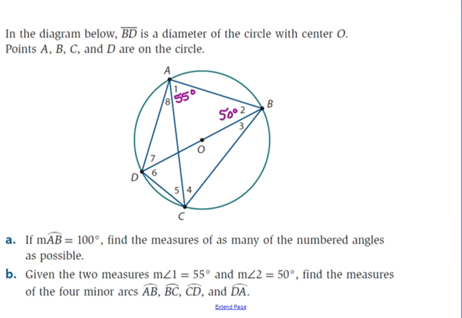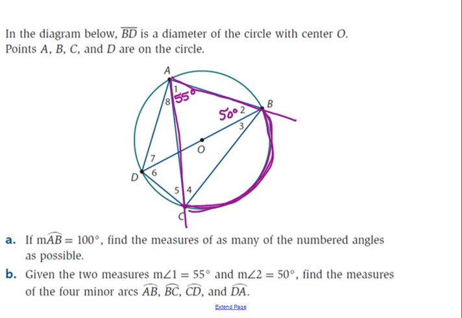What can the 55 degrees tell us? CB. Okay, CB. I think it really helps to trace out the sides that create the angle, extend them past the circle so you can clearly see the intercepted arc. So angle 1 intercepts the arc BC.